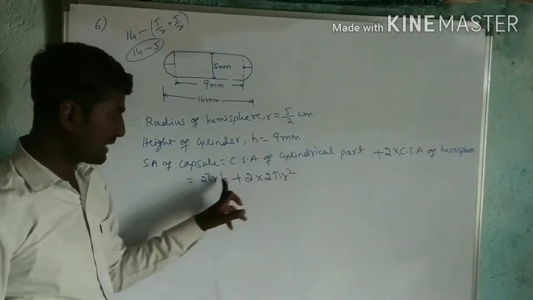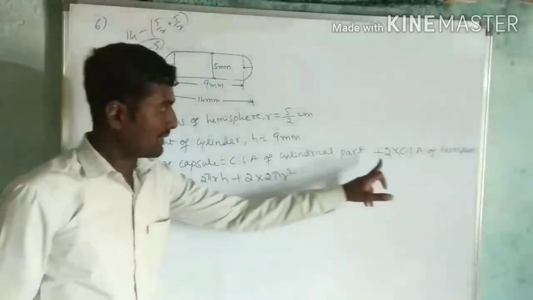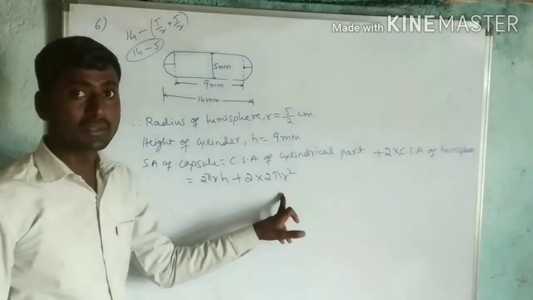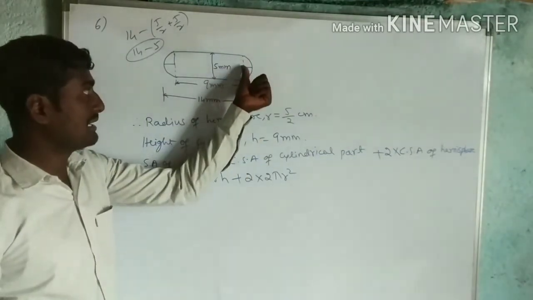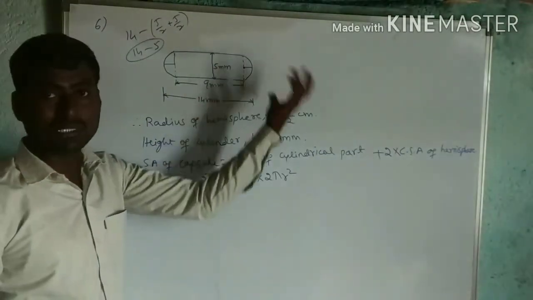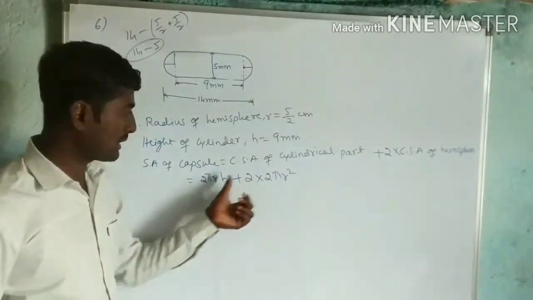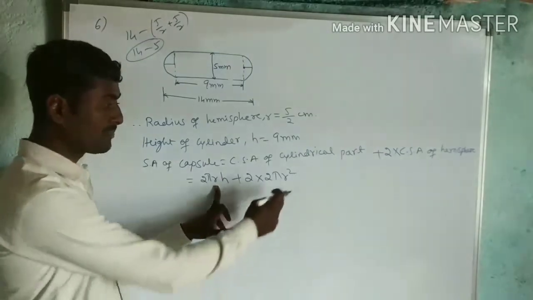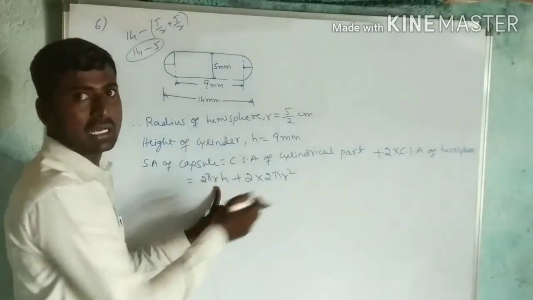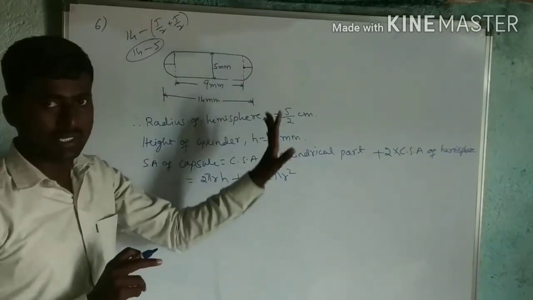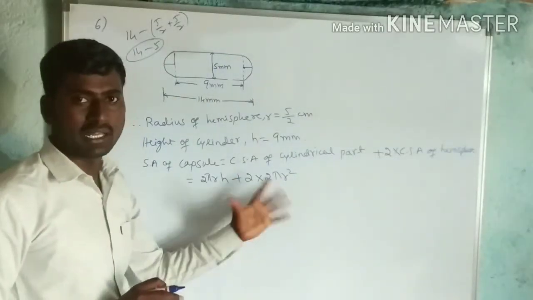For the radius of the cylindrical part I use small r, and for the radius of the hemisphere I use small r. Both are the same because the radius of the cylinder is equal to the radius of the hemisphere. If these two were different, I must use small r for one and capital R for the other. Here both radii are equal, so I can take it as small r.